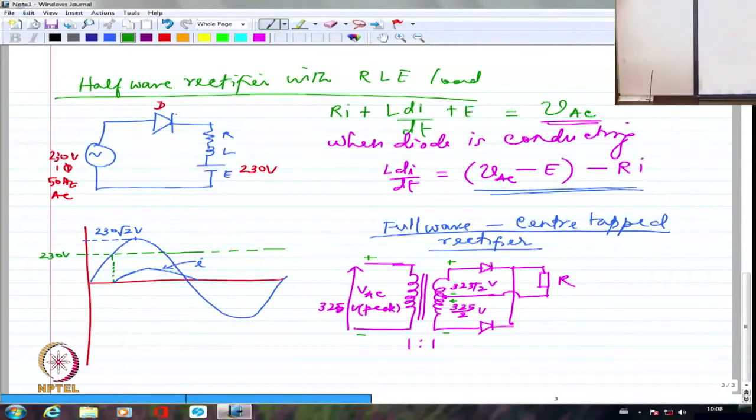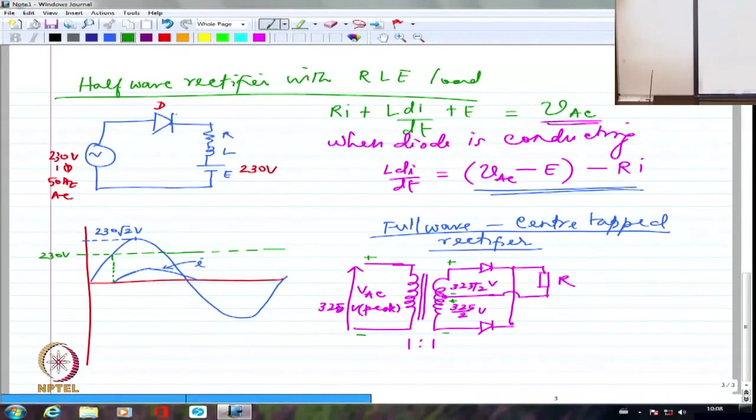If plus is here, obviously this diode will be forward biased, but at the same time this diode will be reverse biased. So I'm going to have only this carrying the current. Right? For the positive half cycle, only the upper portion will carry the current through diode D1.